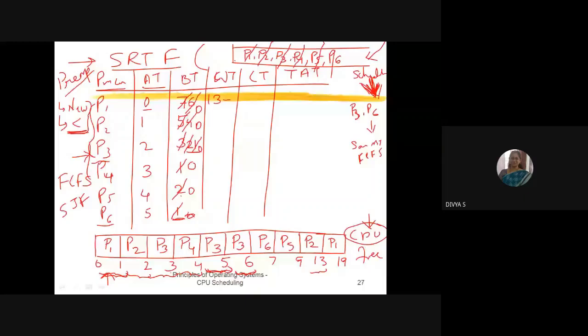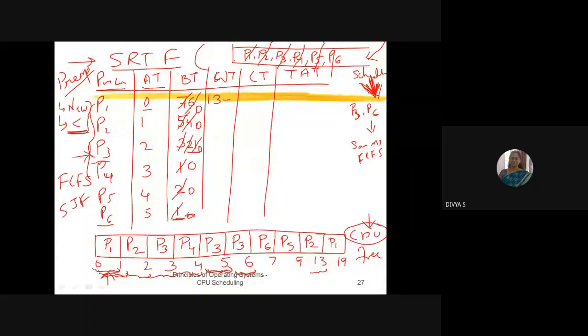Now you also have to deduct this amount of work. Why? Because by adding this only we have reached the value 13. So why should I consider this time? This interval of time should also be deducted when you calculate waiting time.